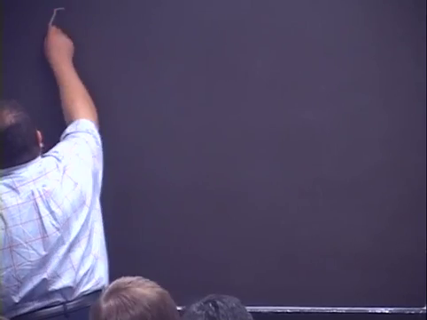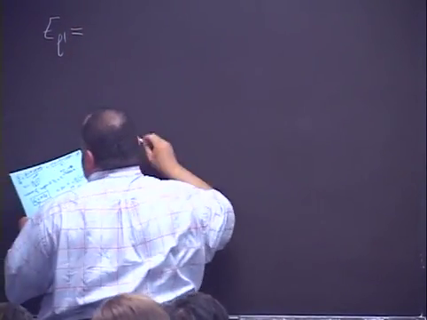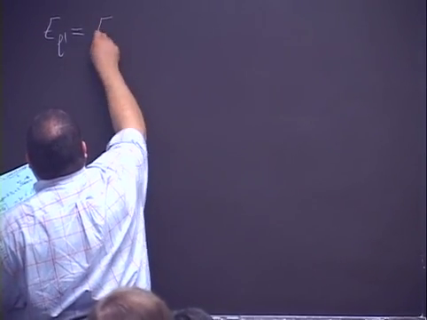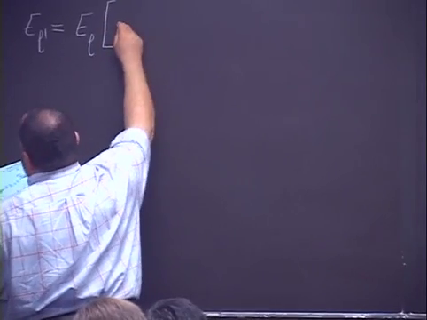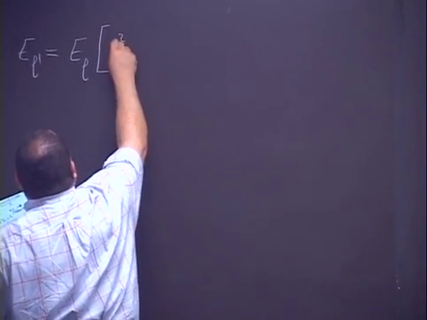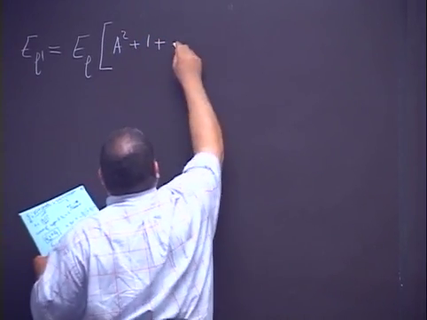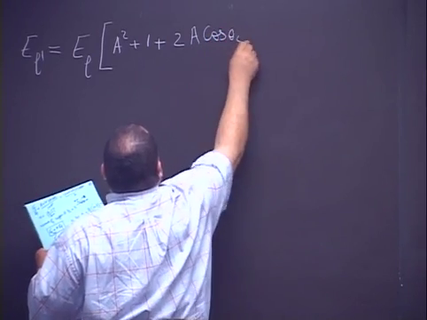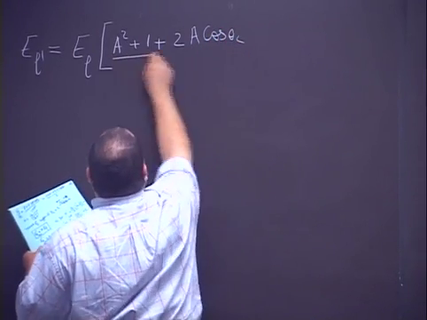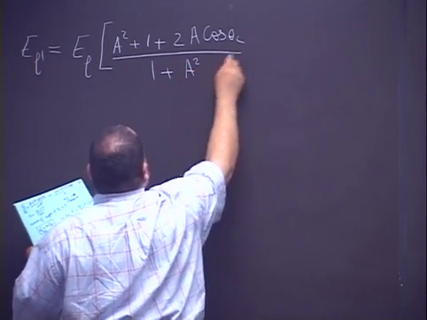To remind you, the formula for the neutron energy after the collision is the final energy equal to the initial energy multiplied by A squared plus 1 plus 2A cosine theta_c, divided by (1 plus A) squared.